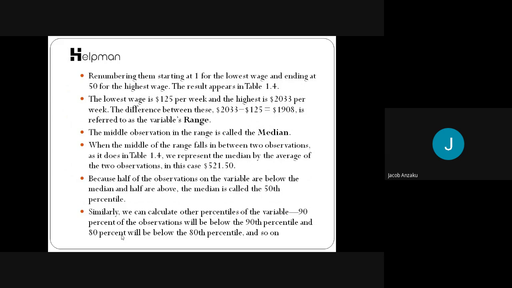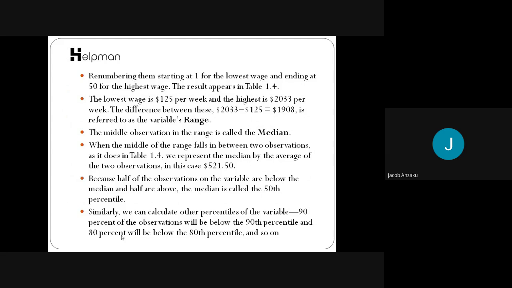Now, the middle observation in the range is called the median, as we'll see down. When the middle of the range falls in between two observations, as it does in table 1.4, we represent the median by the average of the two observations. In this case, the median is $521.50.